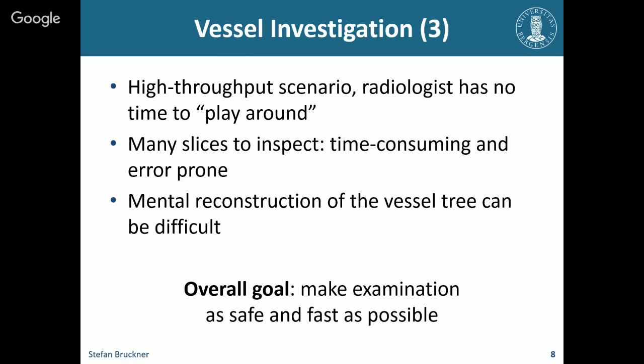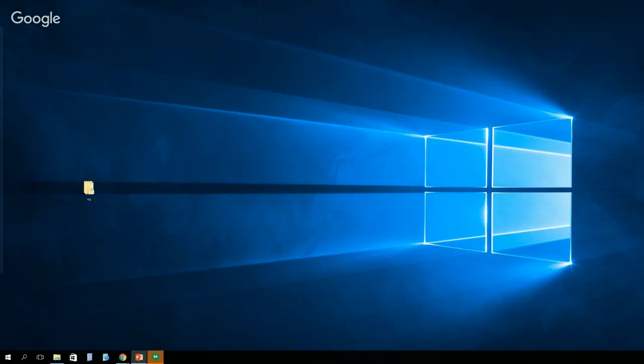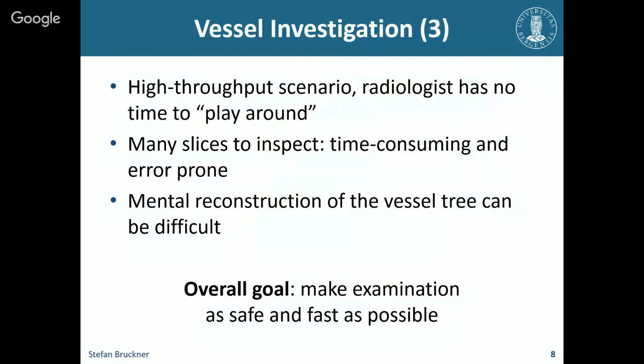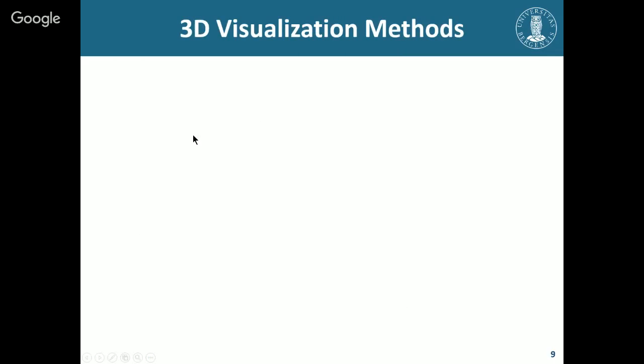So the question is, of course, what can we do in order to avoid having to traverse all these slices? Well, one of the ideas is that we are dealing with 3D data, so why don't we visualize this in 3D? Then we can avoid scrolling through all the slices.